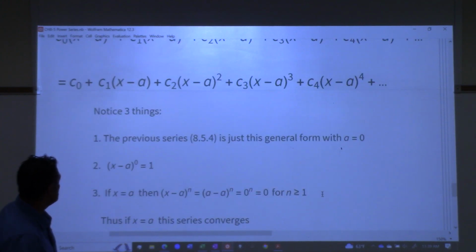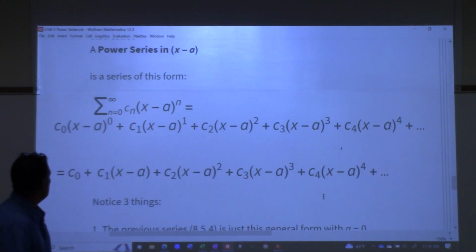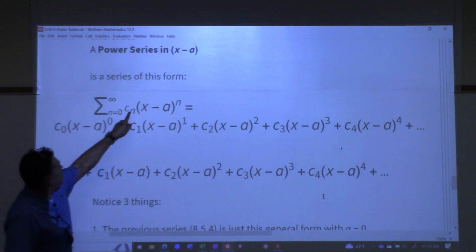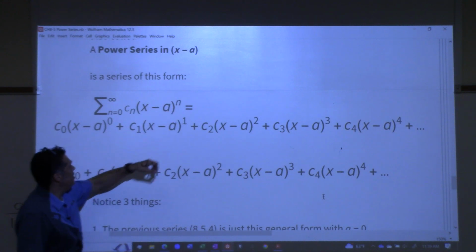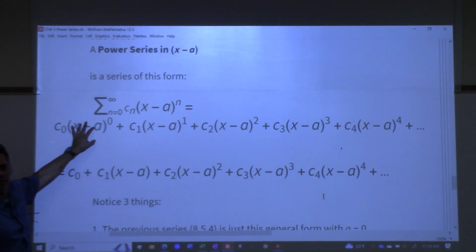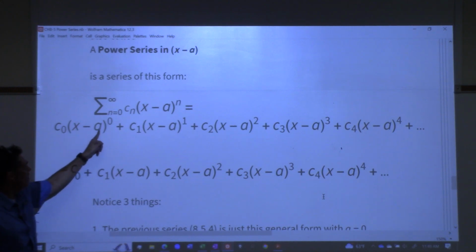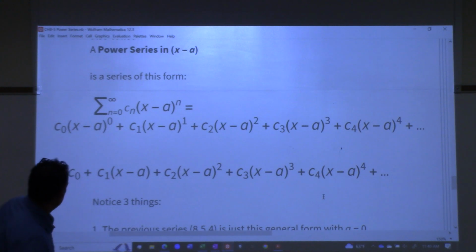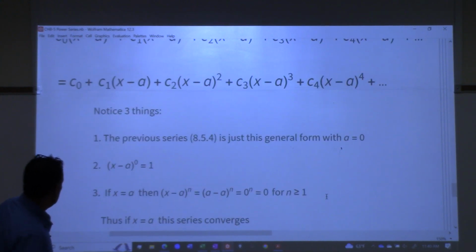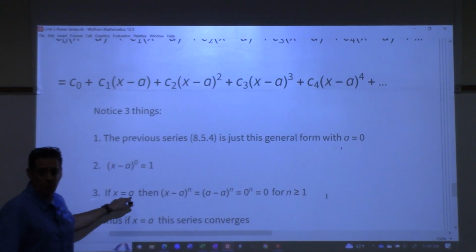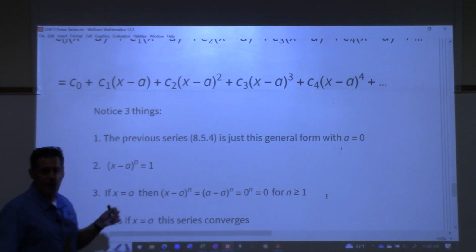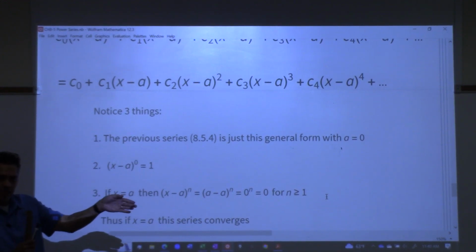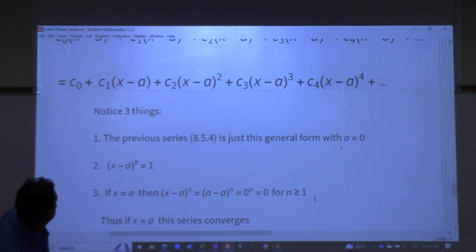I want you to notice 3 things about this. First, that first term, when n is 0, x minus a to the n, we are going to say that that's equal to 1. Y'all buy that? This x minus a to the 0 power is 1. The next thing, if I replace x with a, if I plug a in for x, what happens to all the terms?